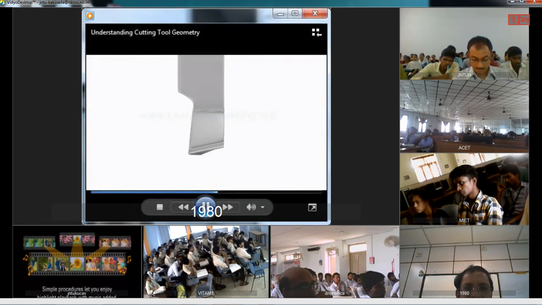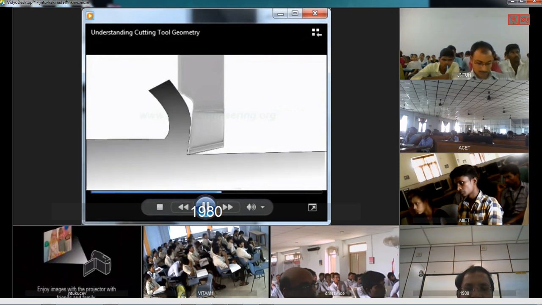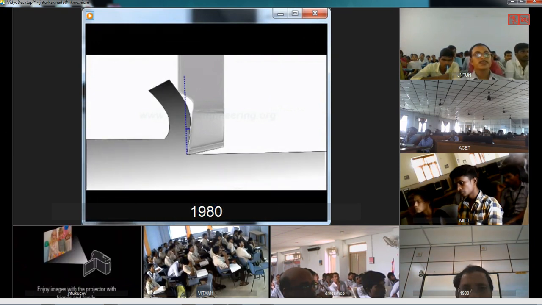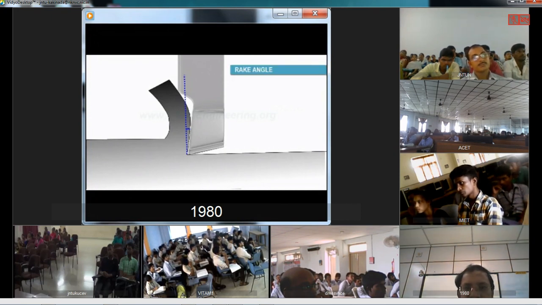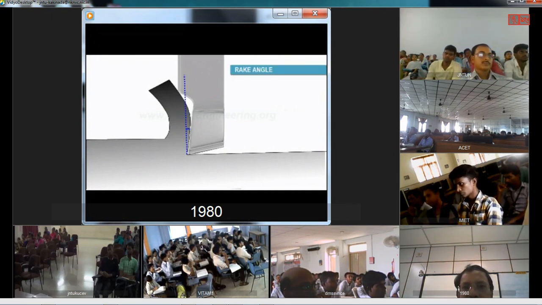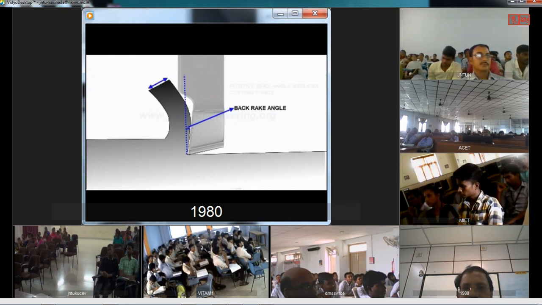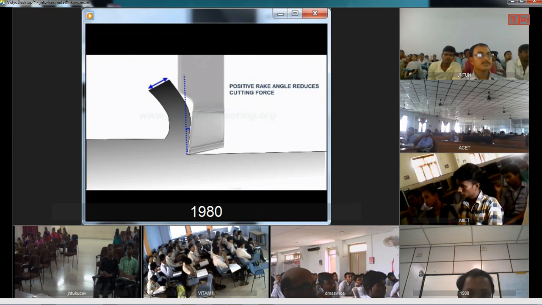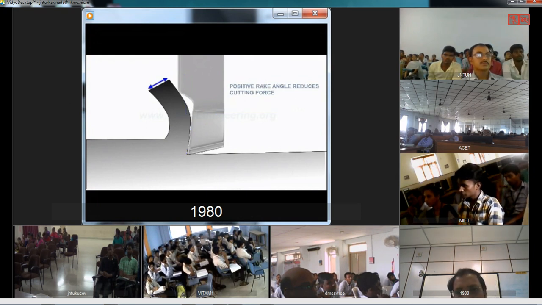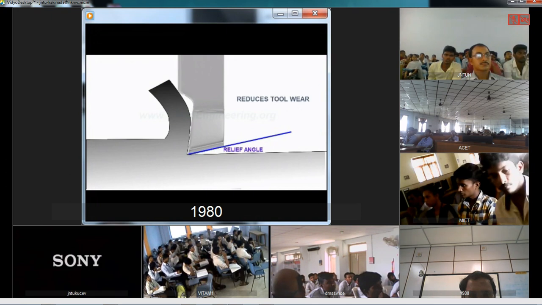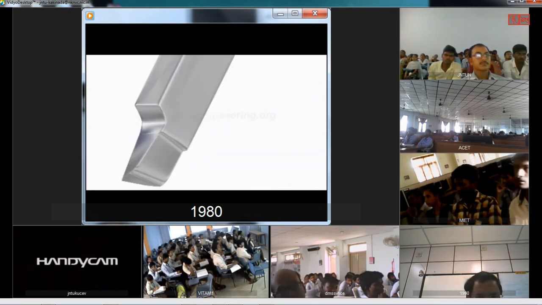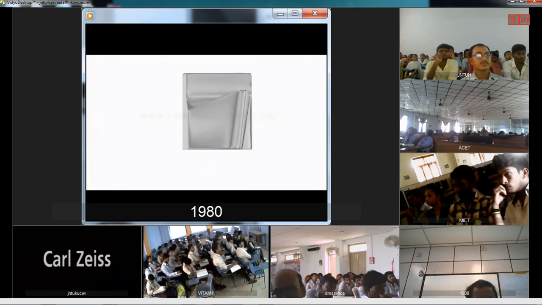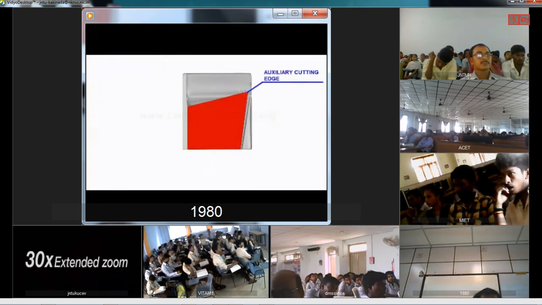Material removal by the main cutting edge is easier when the material's flowing surface is at an angle. This angle is known as the rake angle of the tool, more specifically as the back rake angle. The back rake angle greatly affects the chip thickness and the force of the cutting. To avoid the rubbing of the cutting tool with the workpiece, a relief angle is provided as shown. Similar rake and relief angles are also given to the auxiliary cutting edge.